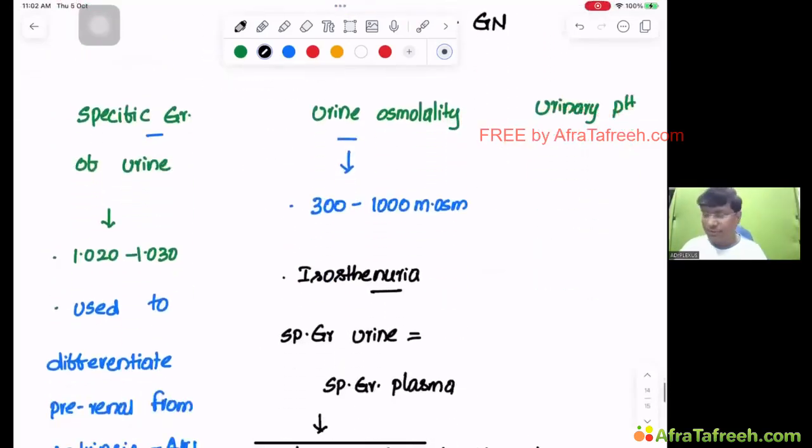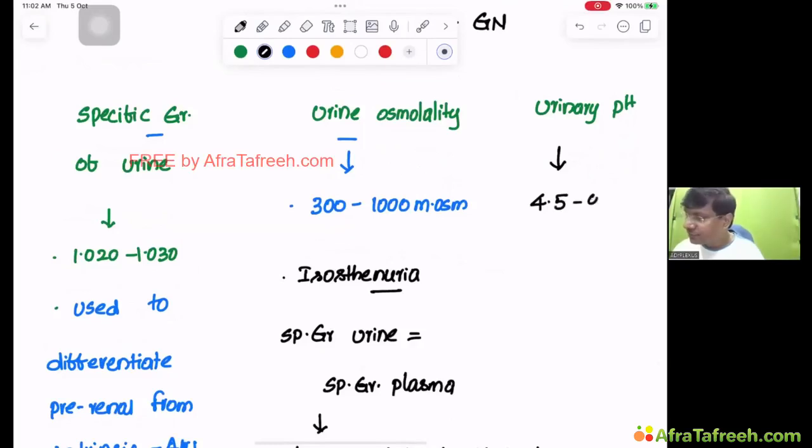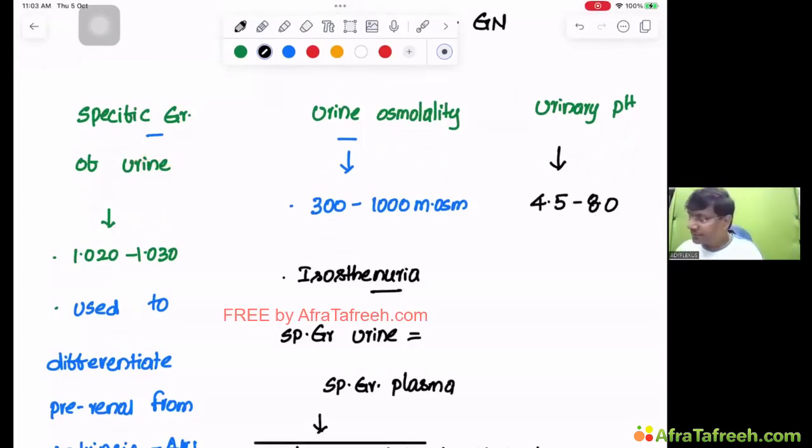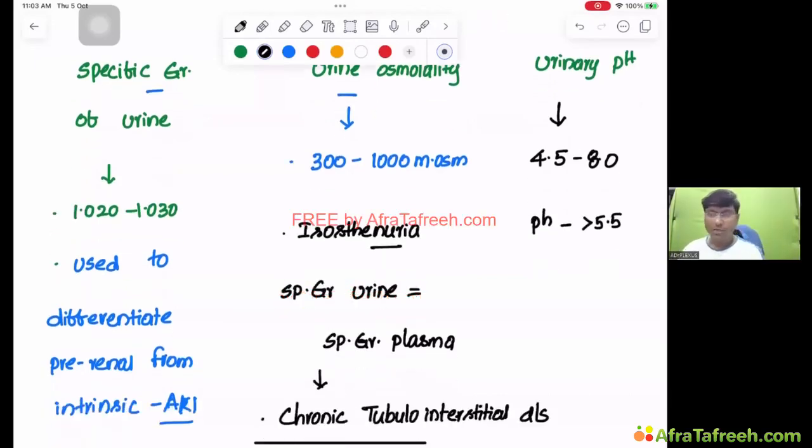Then coming to the urinary pH. How much is the urinary pH? It always fluctuates, in between 4.5 to 8 is the normal urine pH. But what is that condition where the urine pH is more than 5.5 and fixed there? Normally it fluctuates between 4.5 to 8.